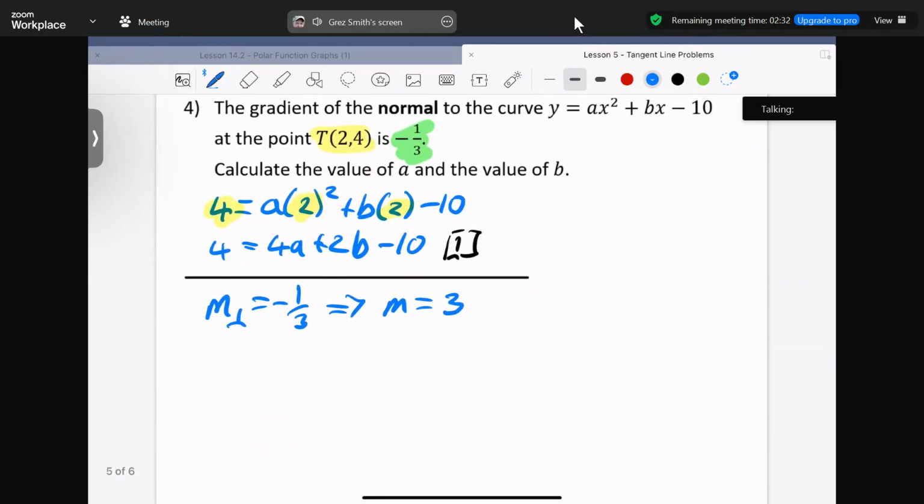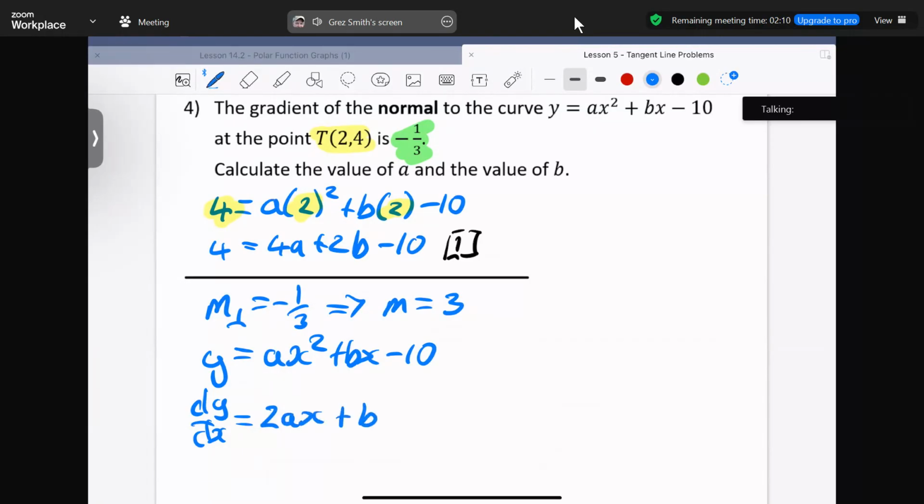So what we need to do is take the function y equals ax squared plus bx minus 10 and differentiate, dy/dx. What is the derivative of this? 2ax plus b.